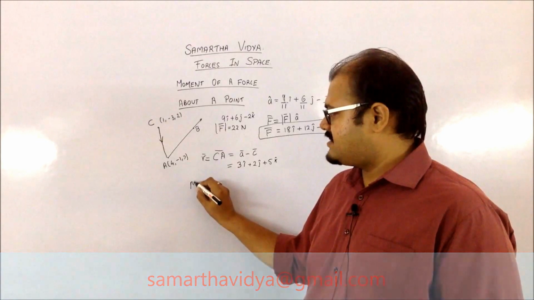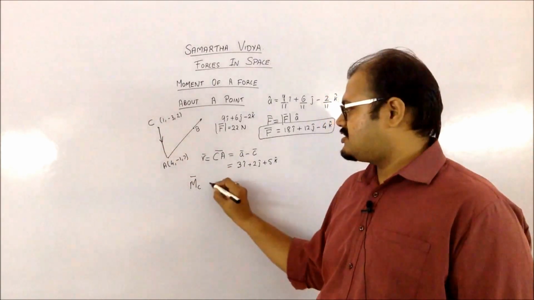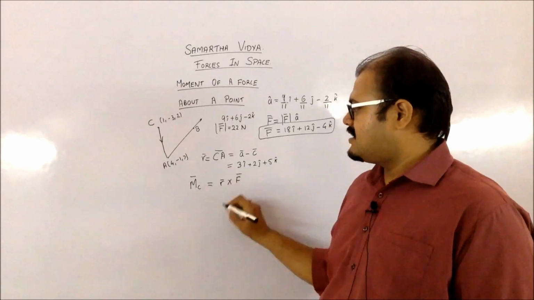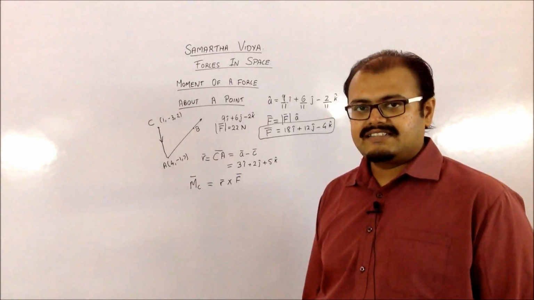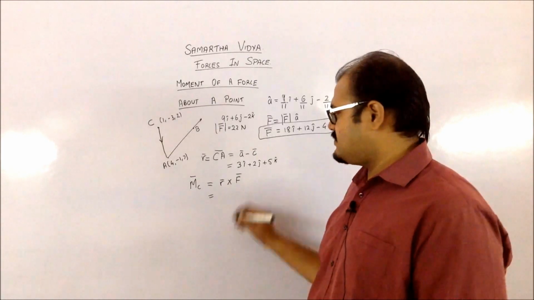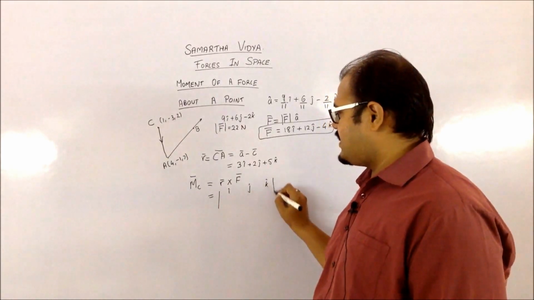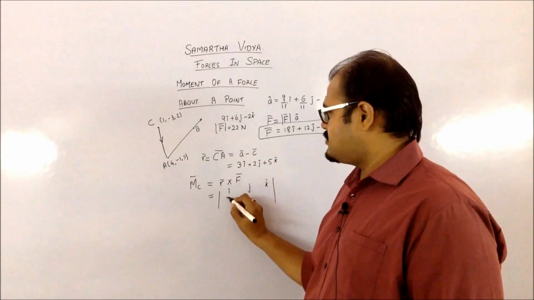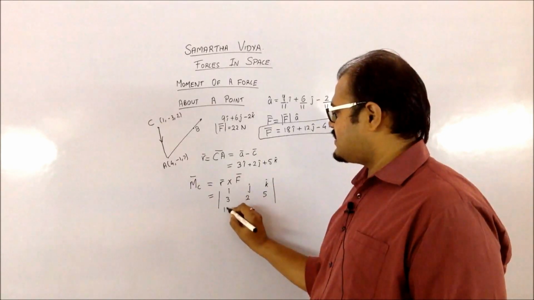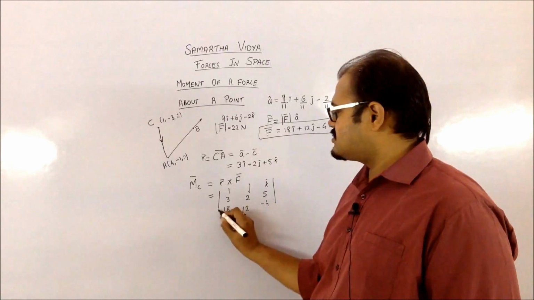Now I need to find the moment about this point. So the moment about point C is equal to R bar cross F bar. You need to be careful that it is R bar cross F bar and not the other way. R cross F bar will be equal to the determinant of i, j and k, where R is 3, 2 and 5 and F bar is 18, 12 and minus 4.